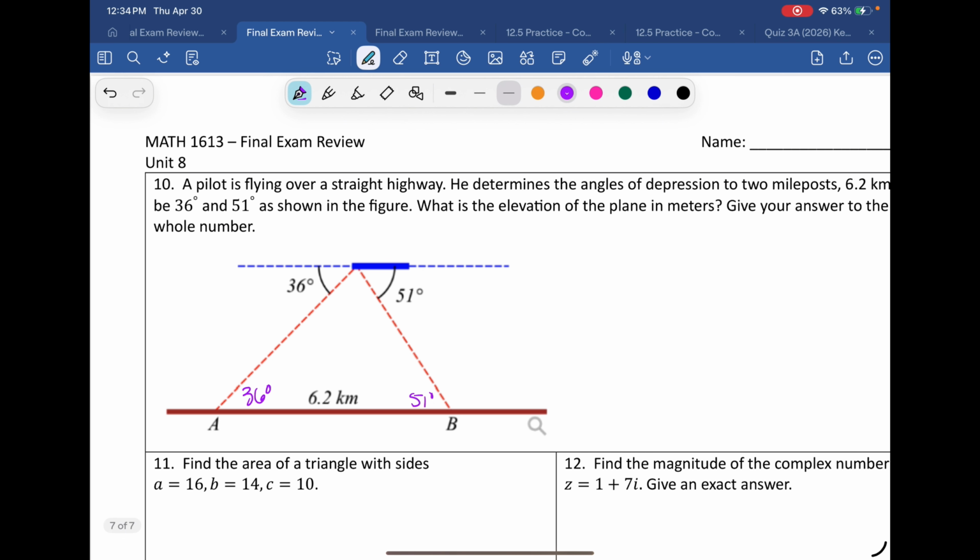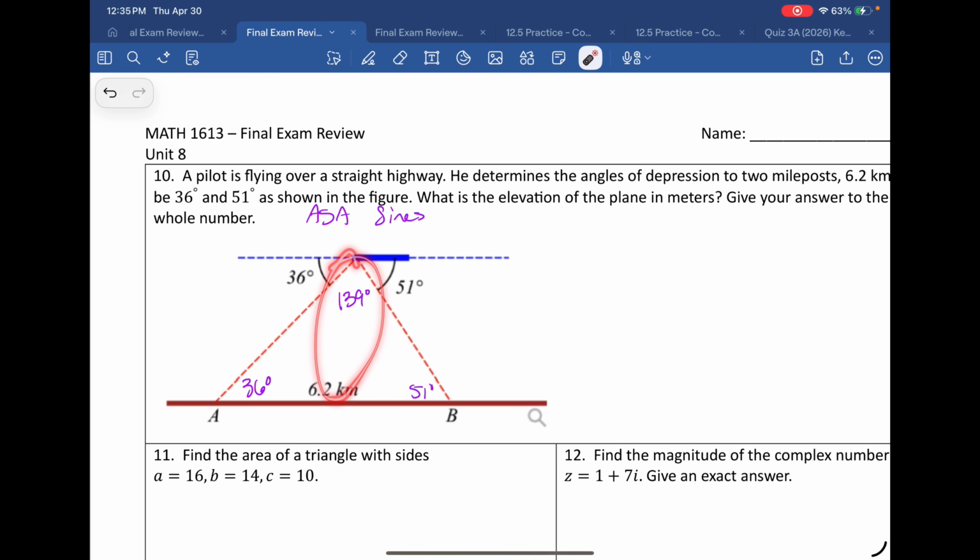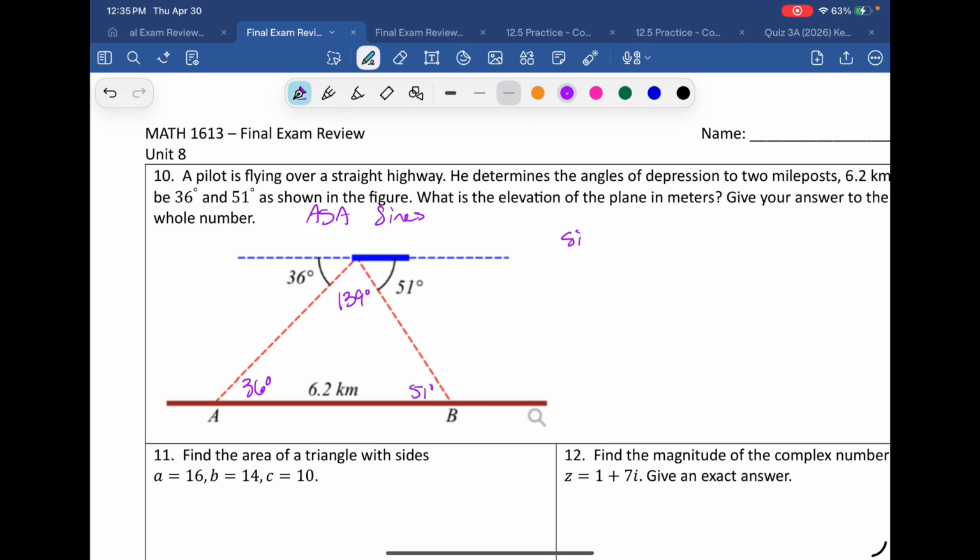All right, I'm going to go ahead and find this angle by subtracting the 2 that I have from 180. I'm going to use these 3 angles. I have angle, side angle, which is sines. I have to use that one because that's where I know both. And I'm going to use 51.